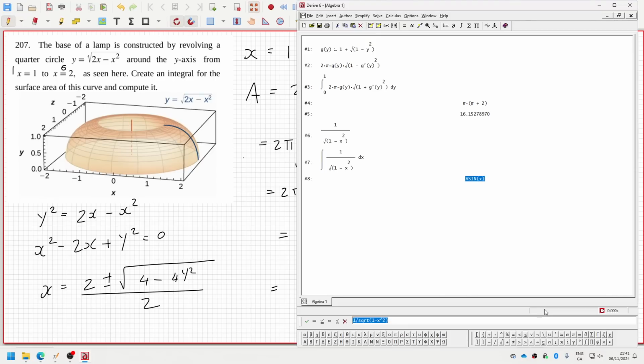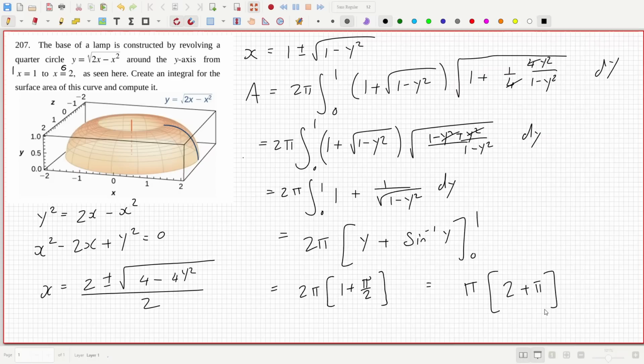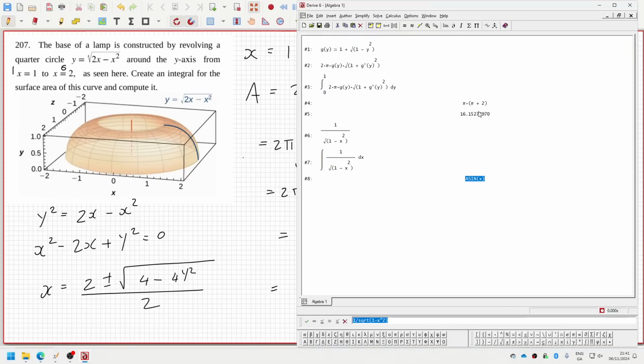Yeah, pi times 2 plus pi. So that matches that answer.